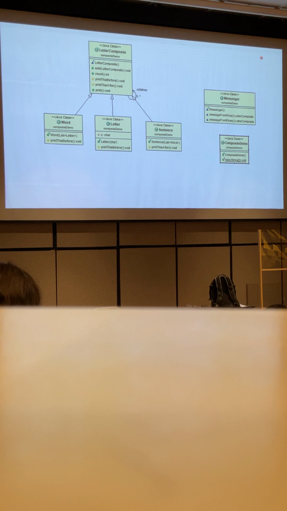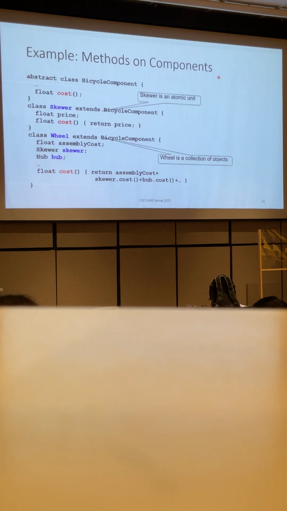Following our bicycle set of examples, a bicycle has wheels, wheels have skewers, hubs, and spokes. So again, another example of composition.